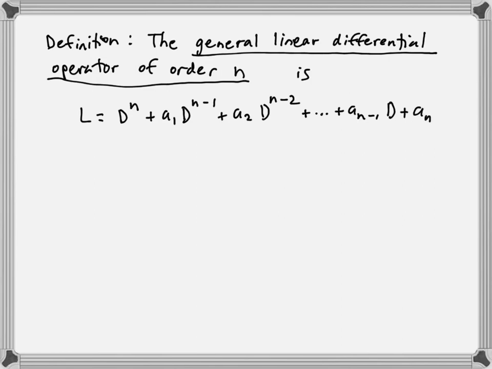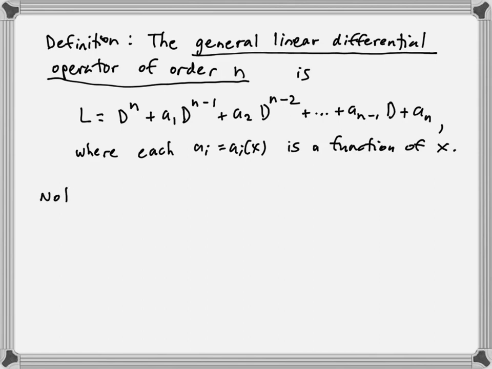So this is what it looks like, where each a_i is a function of x. Okay, so in other words, we could take all of these operators and create a linear combination of them with functions, and this is how we get our general linear operator, which we call L. And what do we notice about L?